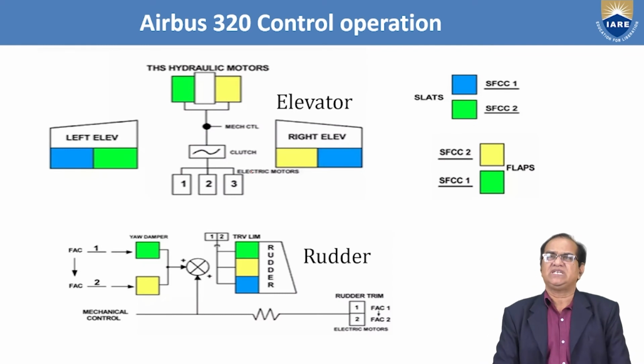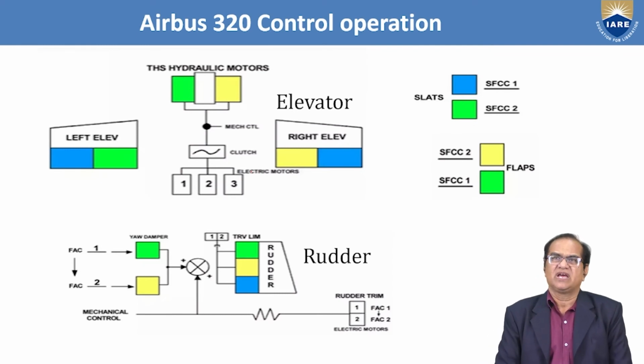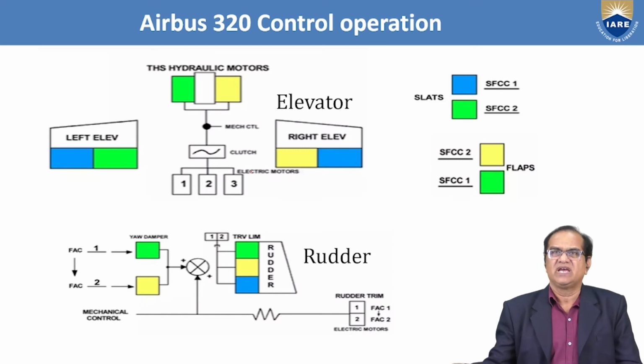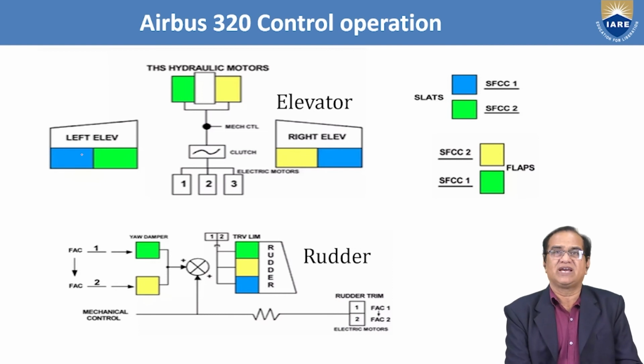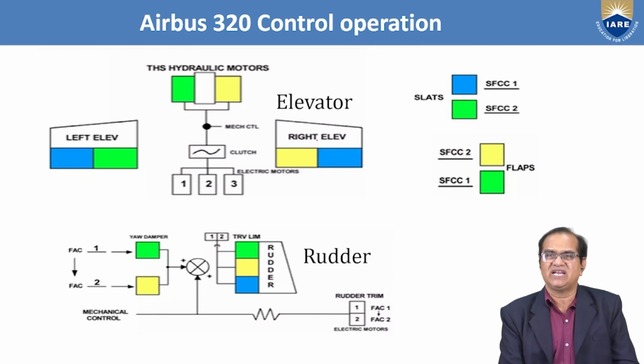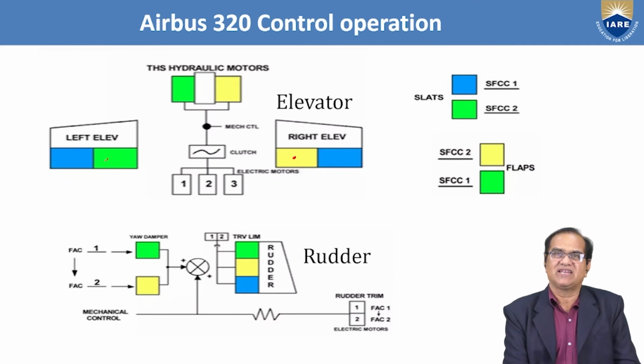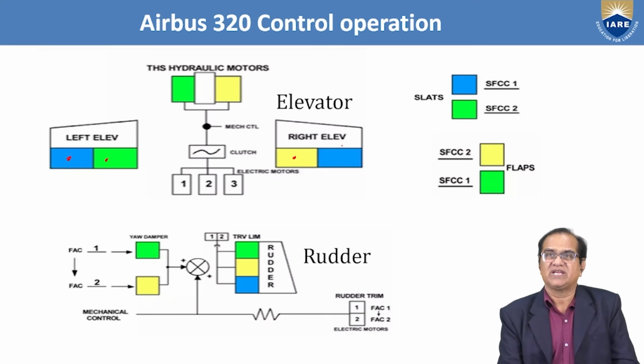Airbus 320 control operation. Here we can see how the elevators are operated. Elevators we have here yellow and blue, and here we have green and blue. This is the left side and this is the right side. The right side is operated by the yellow and the left side by the green, but this is operated by the blue.